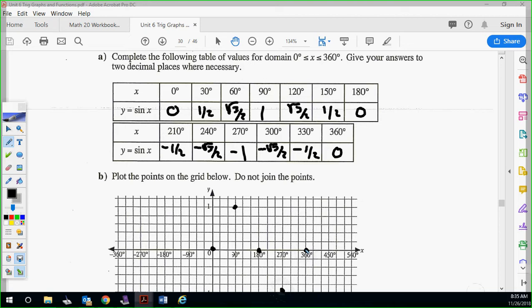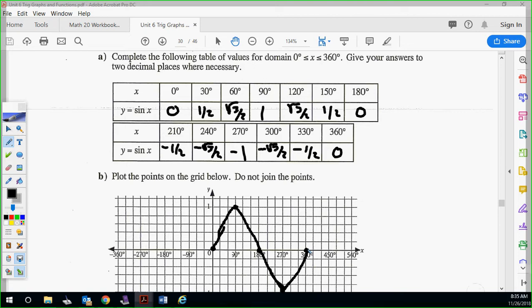So this is what the sine curve is going to look like. Okay, that's one period of the sine curve. So growing up to 1 at 90 degrees, growing down to negative 1 at 270 degrees, coming back to 0 at 360.